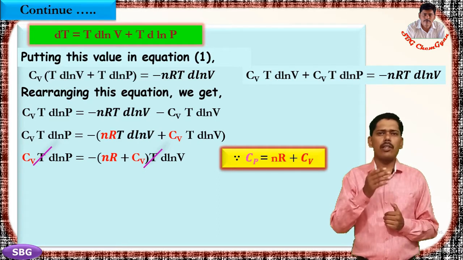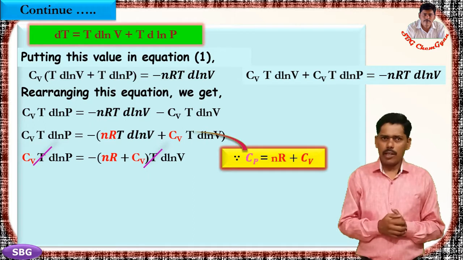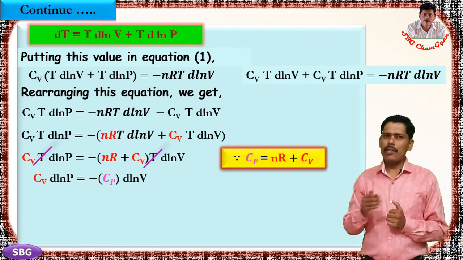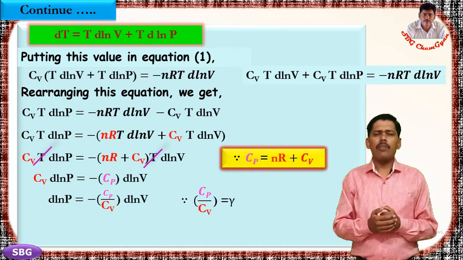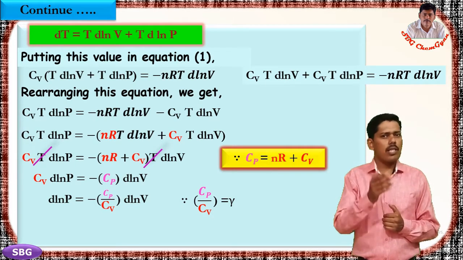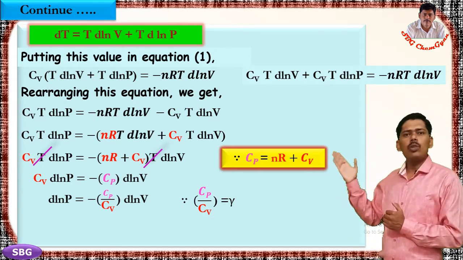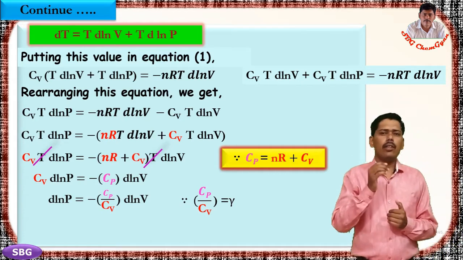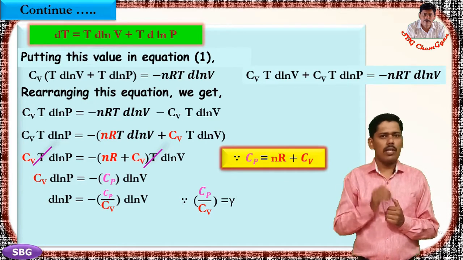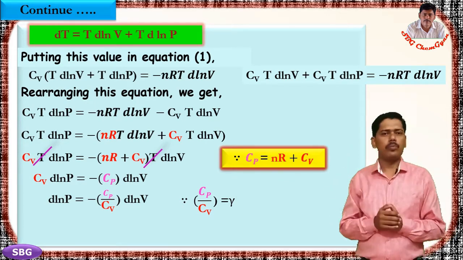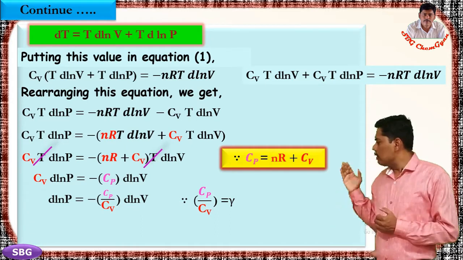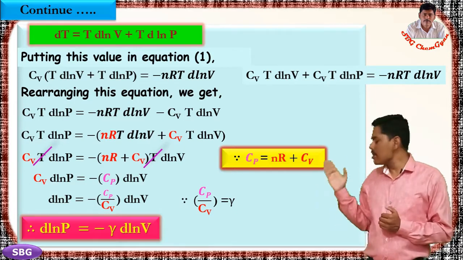Putting this value in the equation and cancelling T from both sides, we get Cv into d ln P is equal to minus Cp d ln V. After rearranging again, Cv moves from the left hand side to the denominator of the right hand side, we get d ln P is equal to minus Cp upon Cv d ln V.